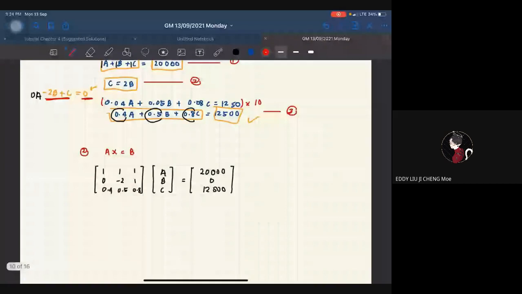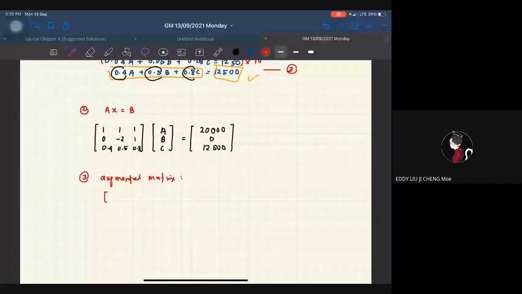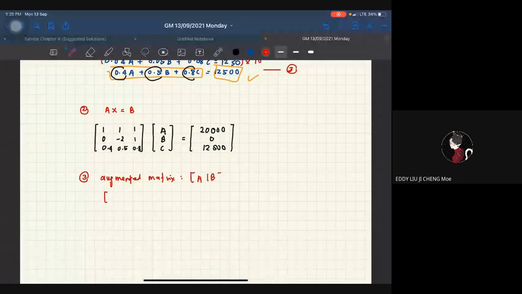Okay, so third steps. Soalan minta kita guna Gauss-Jordan. So kalau Gauss-Jordan mesti dalam bentuk augmented matrix. Augmented matrix kita akan tulis A dekat sebelah kiri, B dekat sebelah kanan.